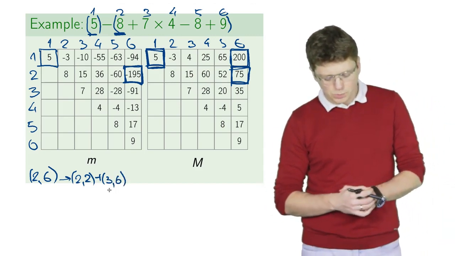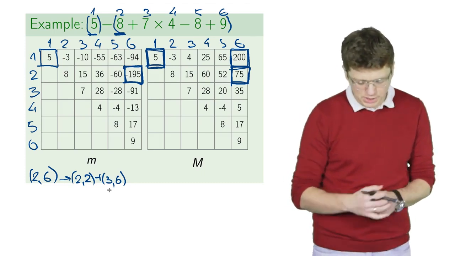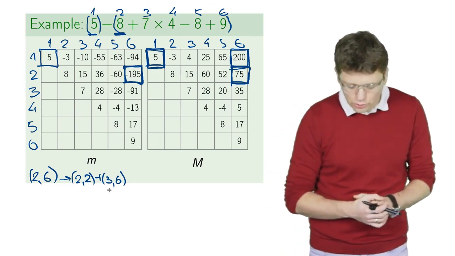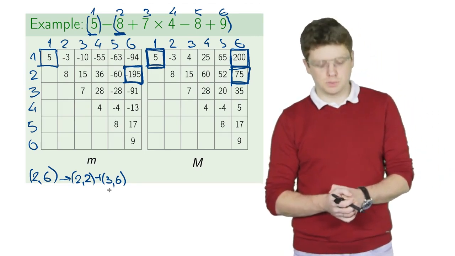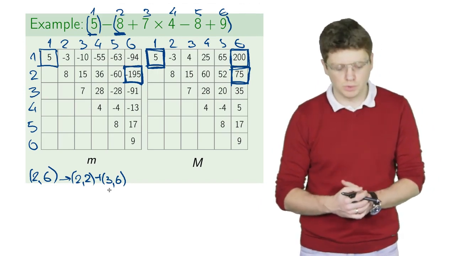Well, in this case, we would like the value to be as small as possible, and our sign is plus, which means that we would like the value of sub-expression 2 to be as small as possible, and the value of sub-expression 3,6 also to be as small as possible.